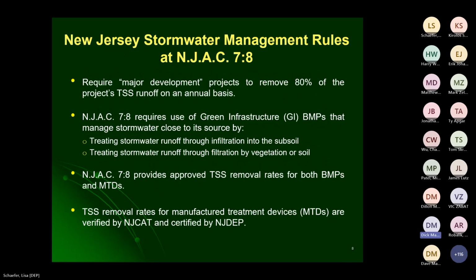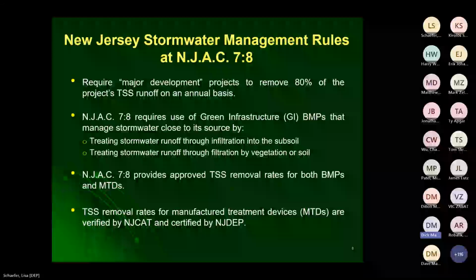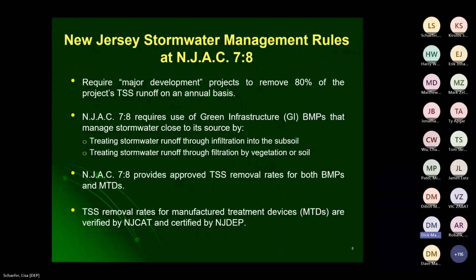The New Jersey Stormwater Management Rules at NJAC 7:8 require major development projects to remove 80% of the project's TSS runoff on an annual basis.